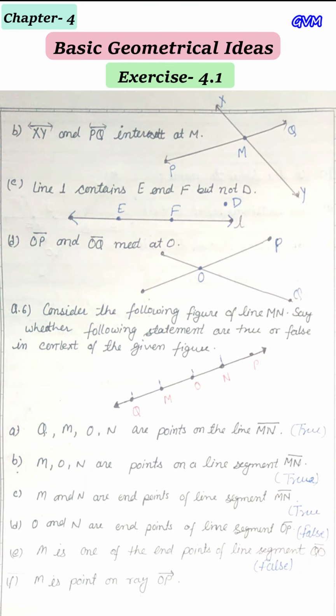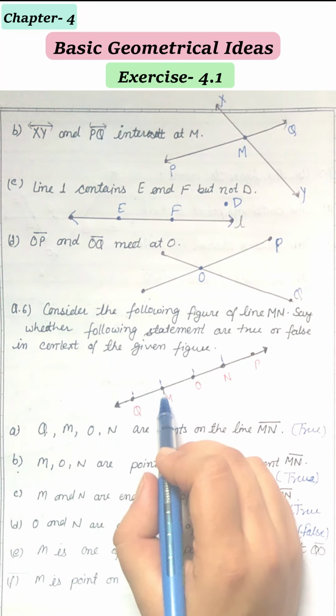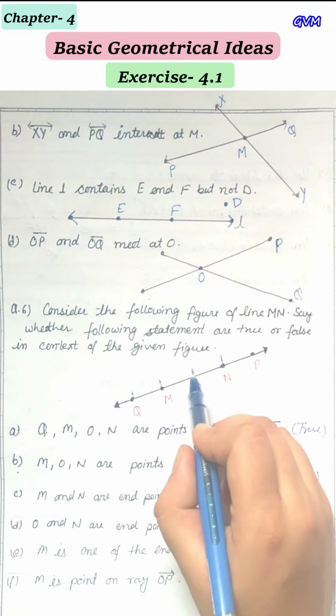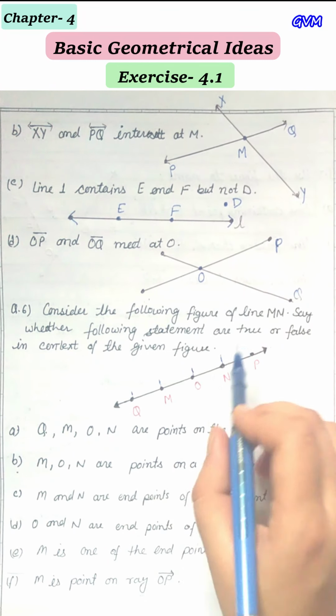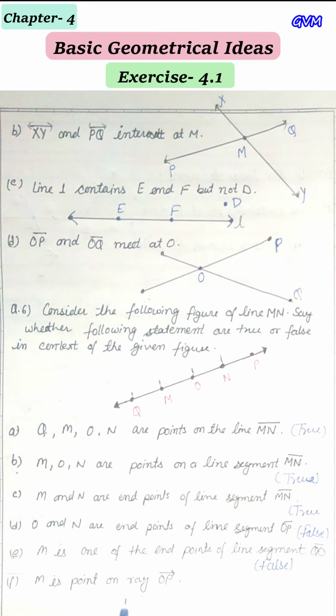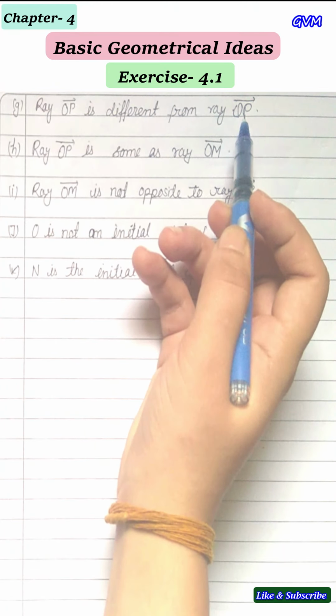Okay. F, M is a point on ray OP. A ray means it starts from here and continues in the direction of P. So M is not on the ray. That means it is false. Now G, we have ray OP is different from ray QP.